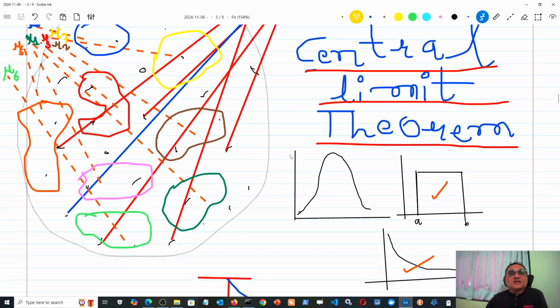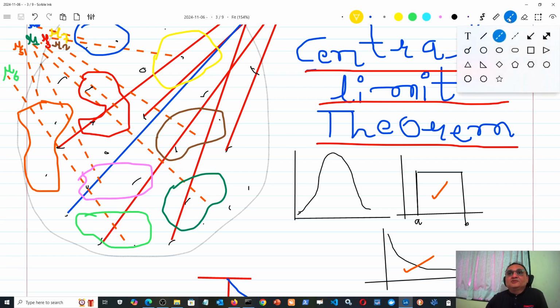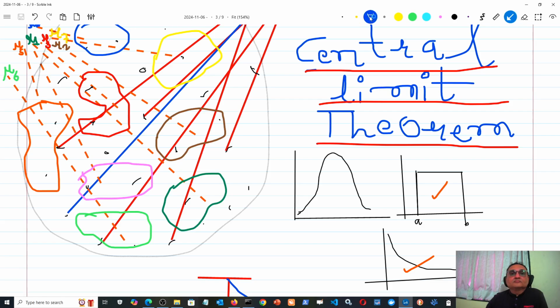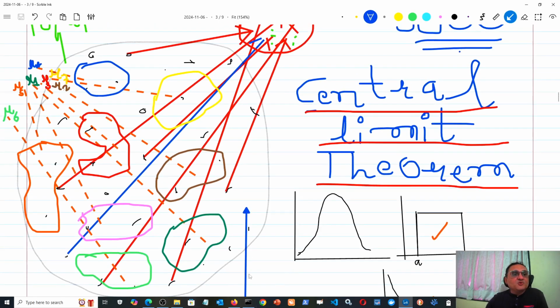But this theorem says that if I plot a graph, in say blue color, of the means of various different samples on this xy axis, I am putting all these mean points, mu1, mu2, mu3.